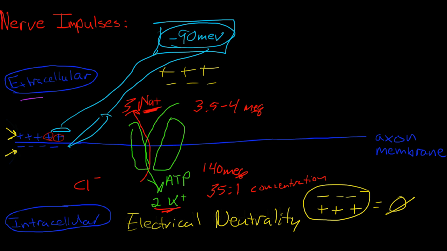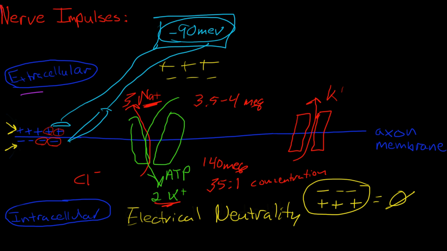This is only occurring with cations, the sodium and potassium. So just the sodium-potassium pump accounts for some of this charge difference. The other part occurs because there is another membrane protein called the slow leak potassium pores, and this allows potassium to leak out of the cell.